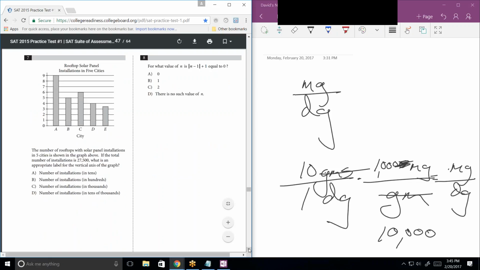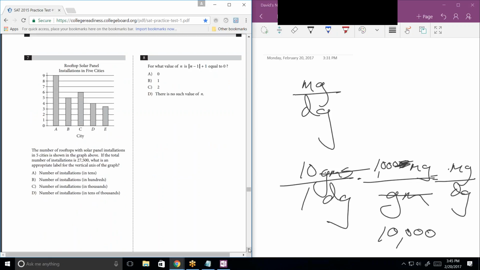Number 7. Always remember to look at your answers before attempting to do the problem.